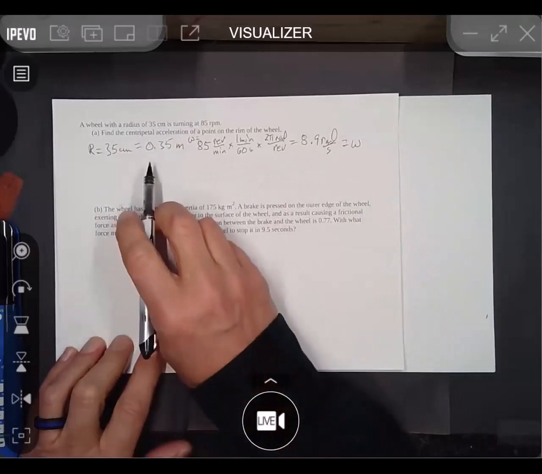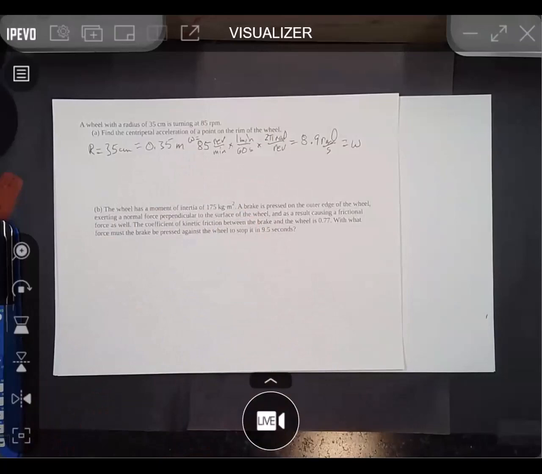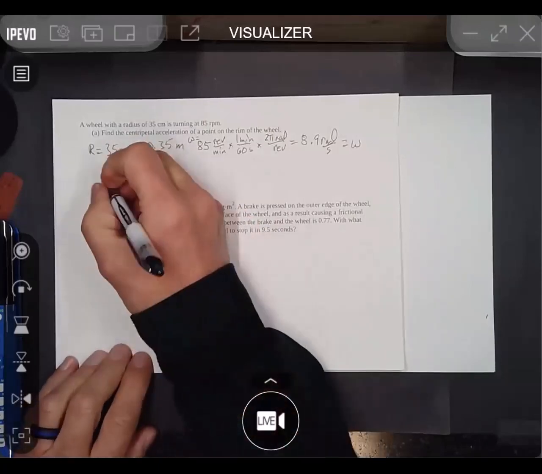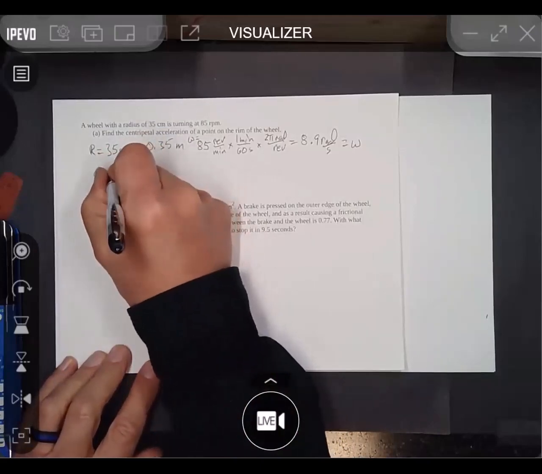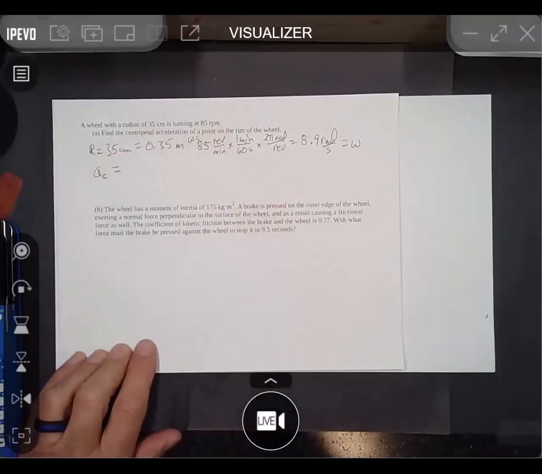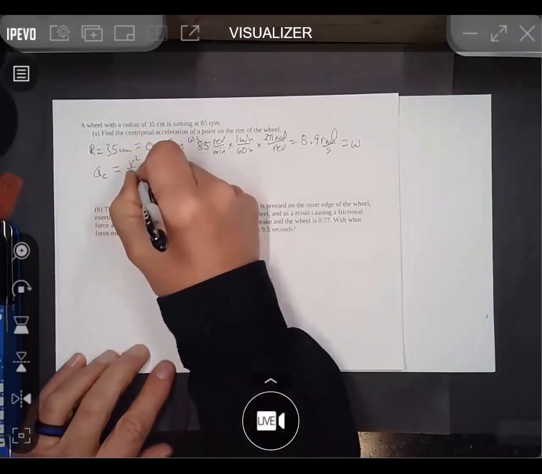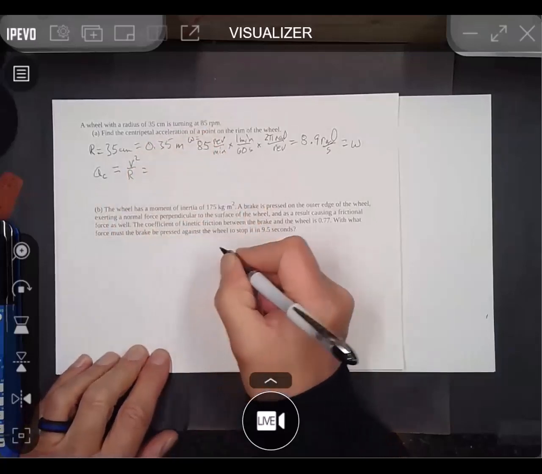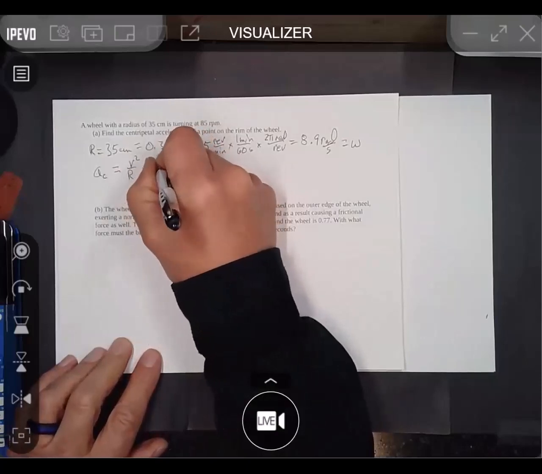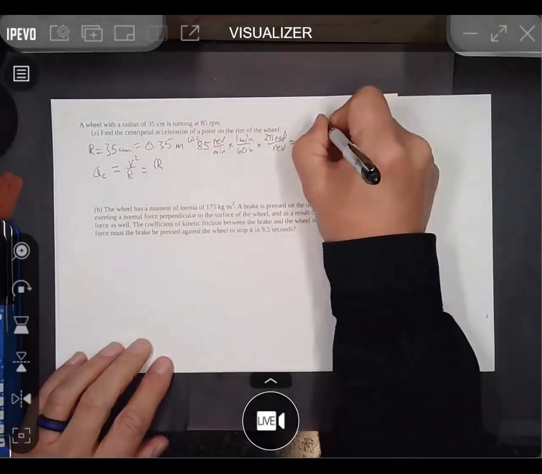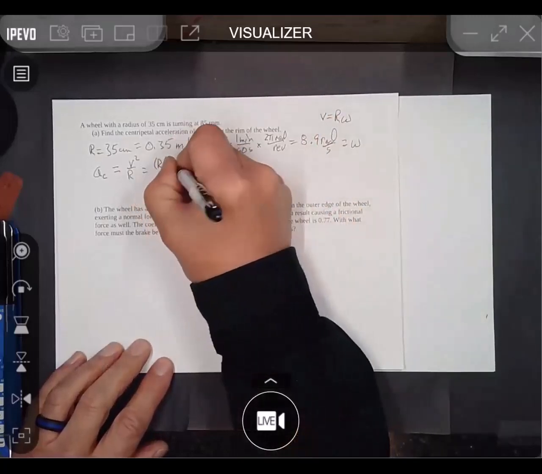So centripetal acceleration. People have been using an expression like this, but usually centripetal acceleration, that's a subscript, by the way. Some of you were just writing it as AC on your homeworks, but it's V squared over R, but V is equal to R omega.